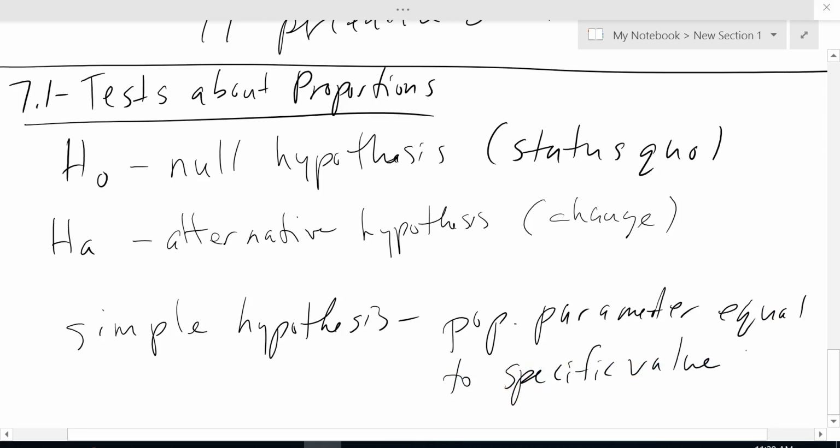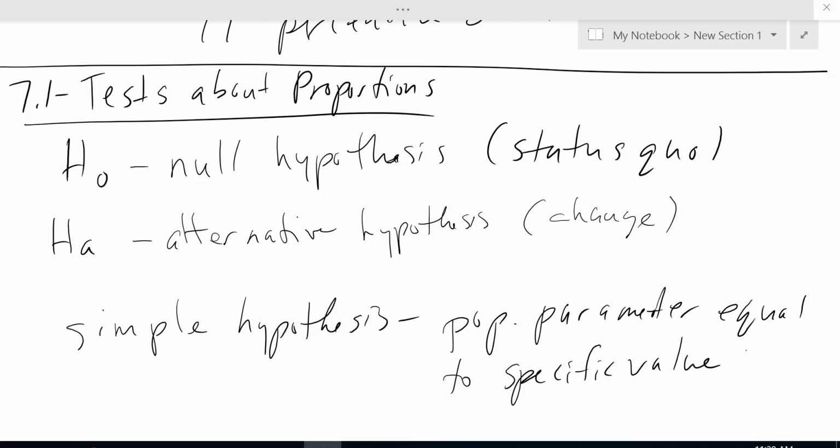We could use any parameter. It doesn't matter what the parameter is. For our purposes in this section, it's going to be proportions. In the next section, I might start today, but the actual concept I want to talk about, I won't get to until Wednesday. It could be the mean is equal to a specific value.